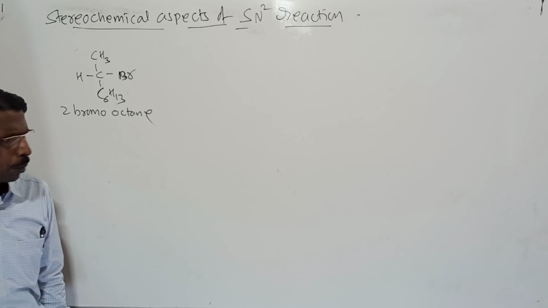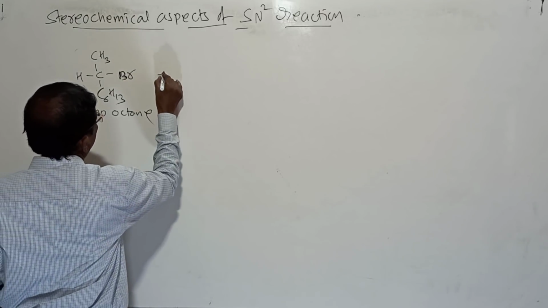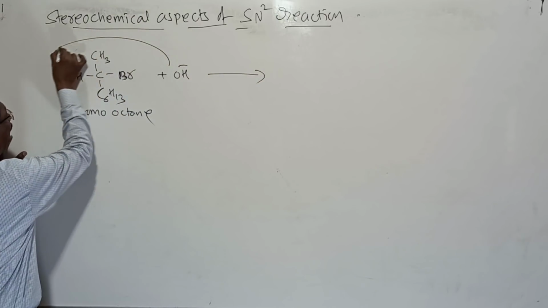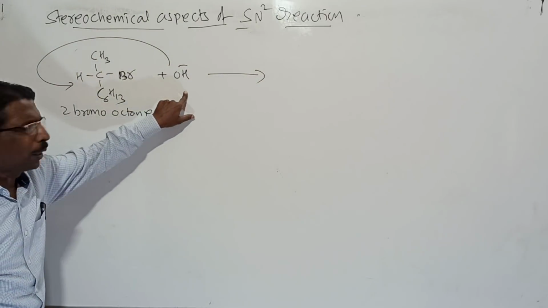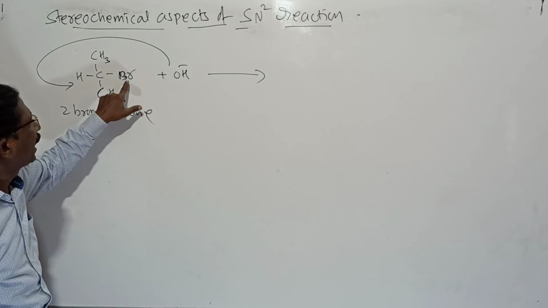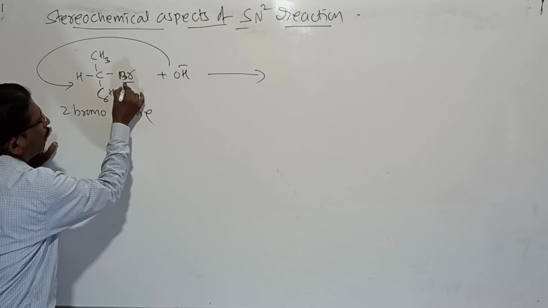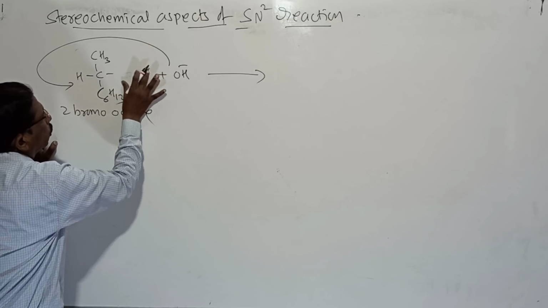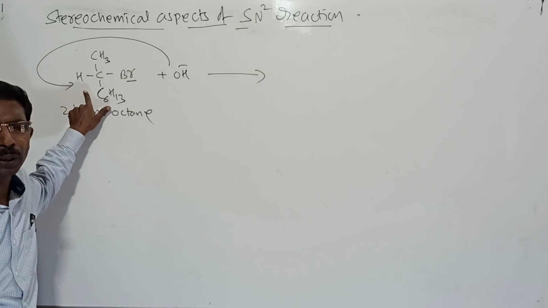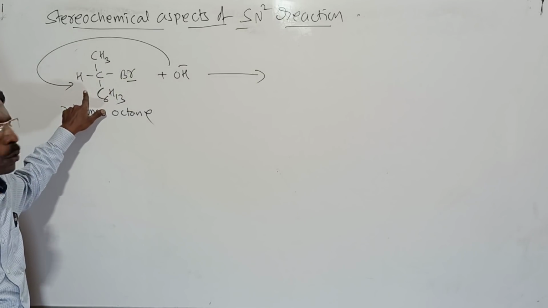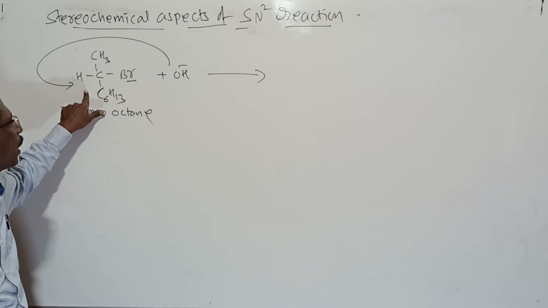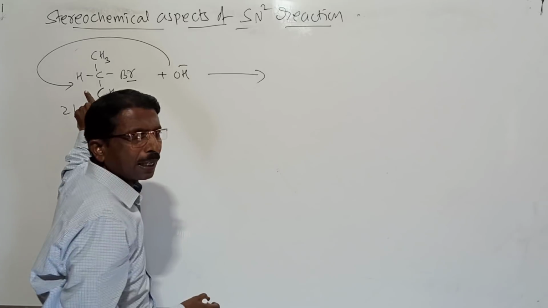When this 2-bromo-octane is treated with a nucleophile, the nucleophile OH minus attacks this carbon from the side opposite to the leaving group. This bromine is called the leaving group. Therefore, here the reaction takes place in only one step, with a transition state.